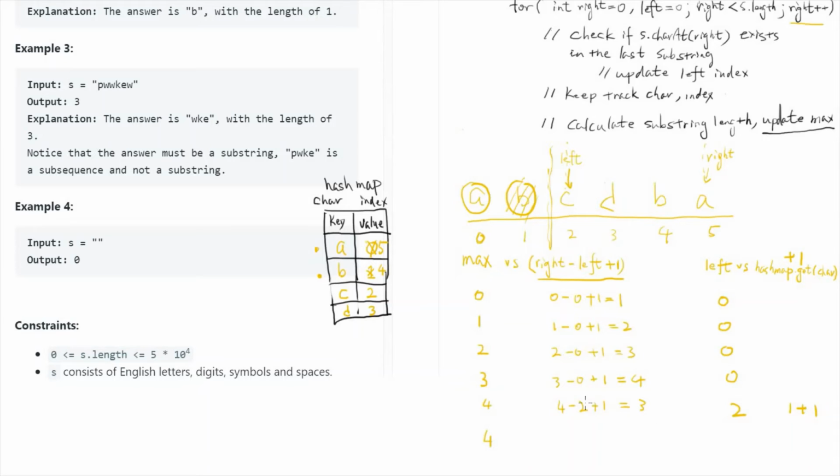And then we calculate the length of the substring. 5 minus 2 plus 1 equals 4. 4 is equal to the max, so we do not update max. And the left remains as 2.